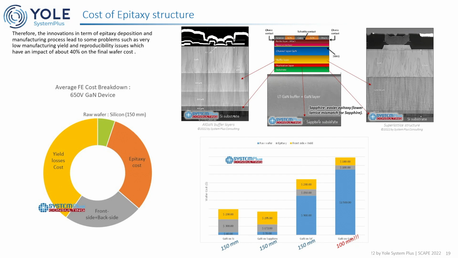We have three options, let's say superlattice structures here, with different levels of concentration of aluminum gallium nitride and gallium nitride, or you have bigger layers of aluminum nitride, again with different concentrations of aluminum.